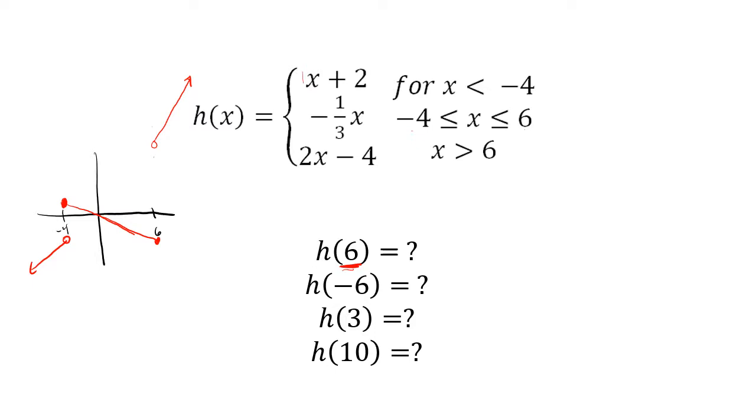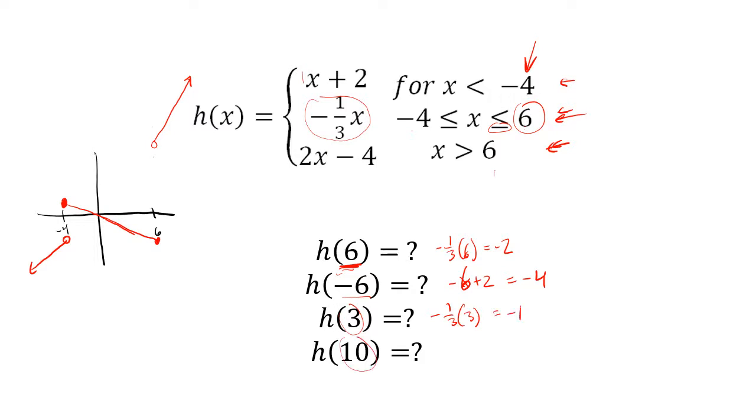So what do we do? We look at the 6 and ask where the 6 falls in each of these domain sets. It's in the middle one, because it's less than or equal to 6. So h of 6, we plug into this one: -1/3 times 6 is -2. Same thing for -6. -6 is in the top one, so it's -6 plus 2, which is -4. 3 is in the middle one also, so it's -1/3 times 3, which is -1.